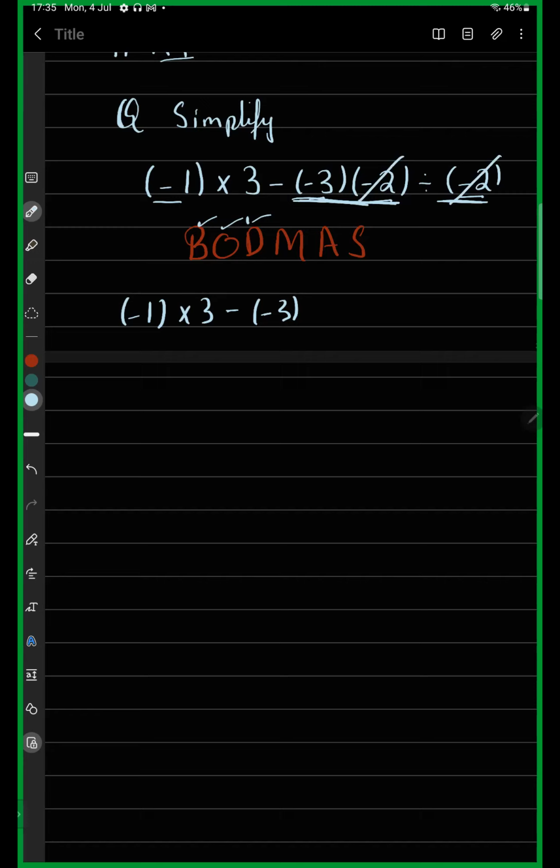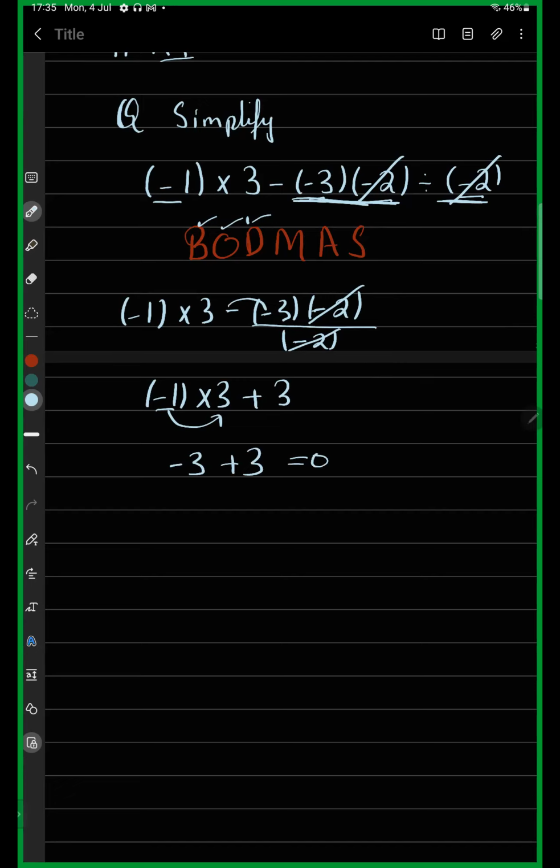The entire thing was being divided by -2, and I can cancel out these two. I'm left with -1 being multiplied by 3, and then minus into -3, that would make it +3. -1 into 3 would give me -3, and then +3, so this would give me 0.